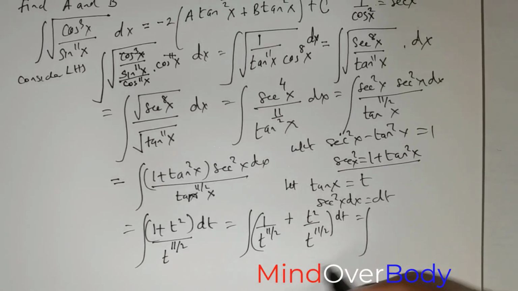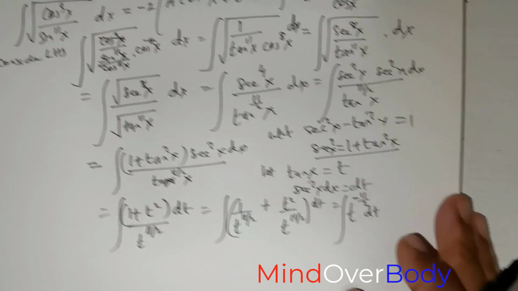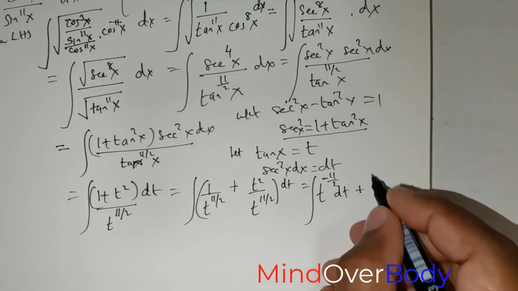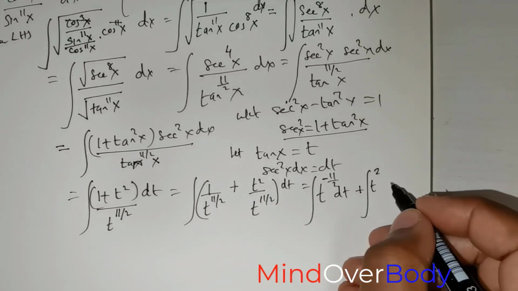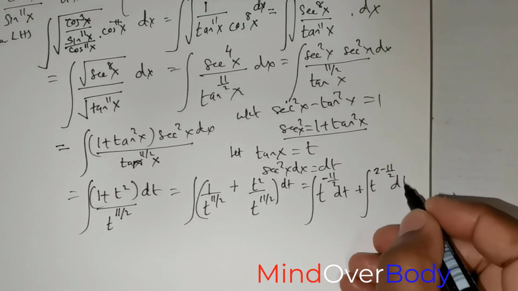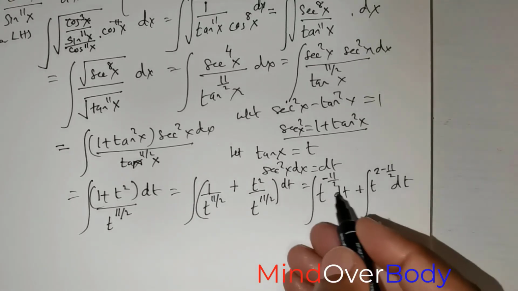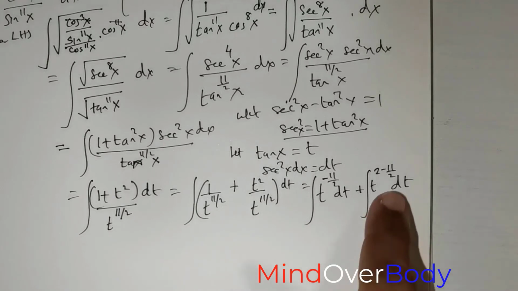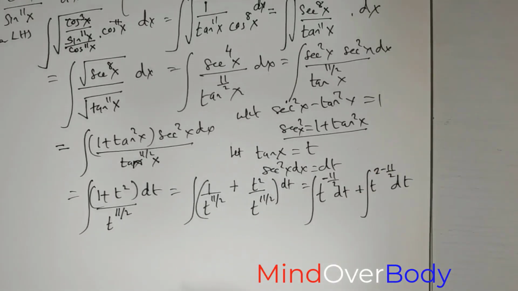This can be further rewritten as the integral of t raised to the power of negative 11 over 2 times dt plus the integral of t raised to the power of 2 minus 11 over 2 times dt. So over here this can be integrated. This is actually 4 minus 11, right?